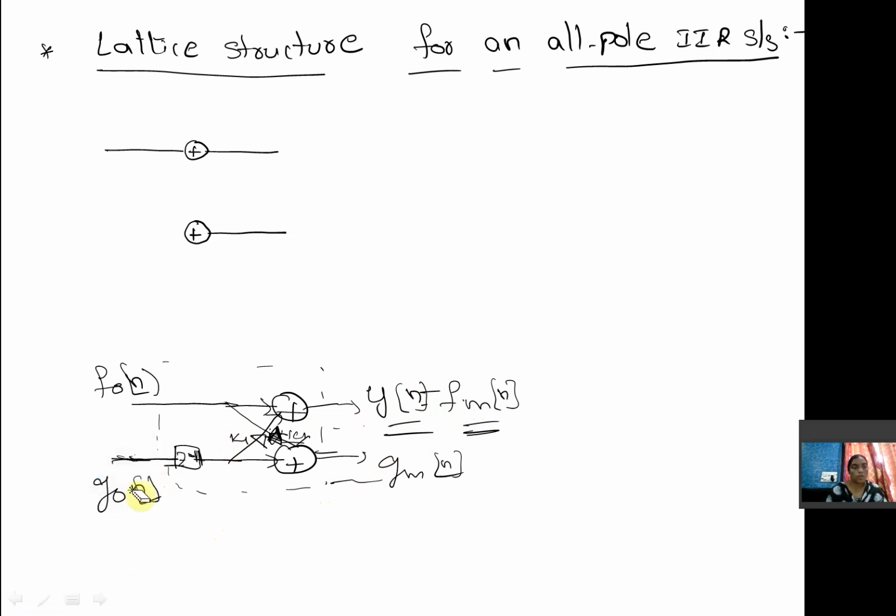So now coming to the lattice form. Lattice form means here just backwards. That means Fm of n is the input side, F naught of n is the output side. That's why here we are just reversing this one. So first use the adders, then use the delay. Okay, right, like that. So observe here.